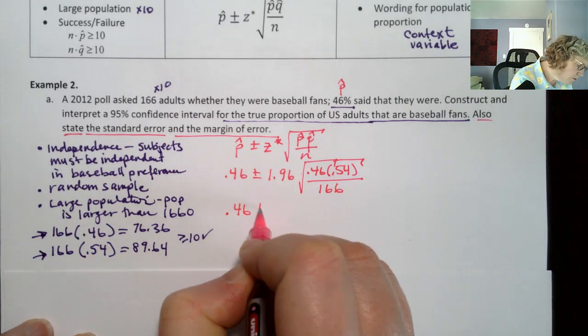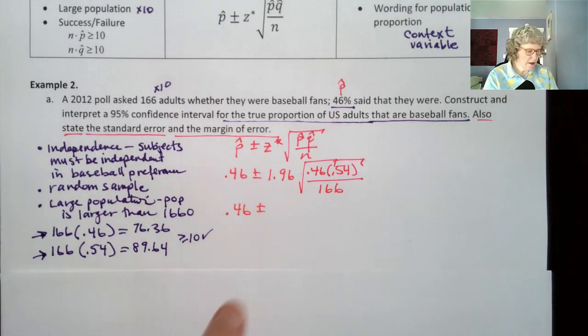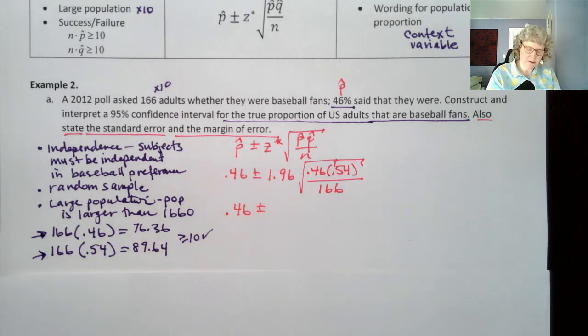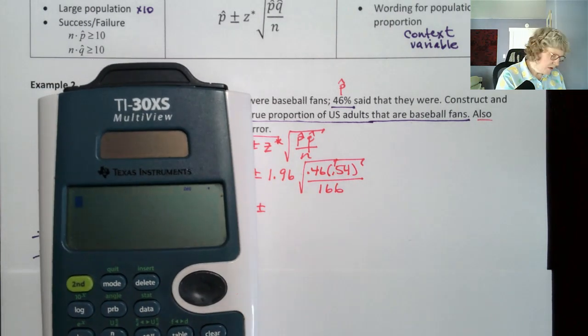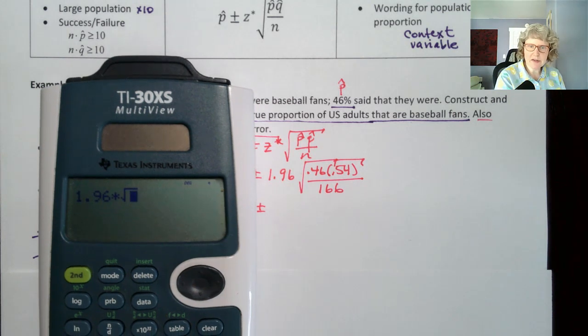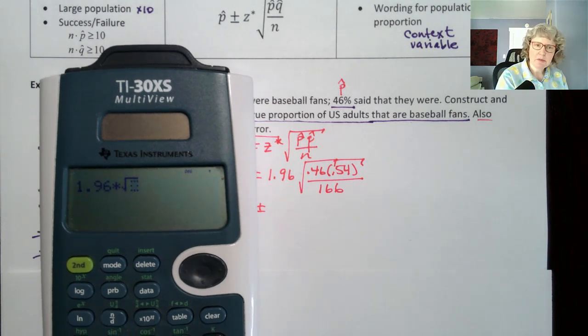Okay, I'm going to do 0.46 plus or minus, and then I'm going to calculate this whole margin of error at the same time like we did before. So let's put it all in at the same time. 1.96 times the square root, and I probably don't even need that times symbol actually. It'll imply that's multiplication.